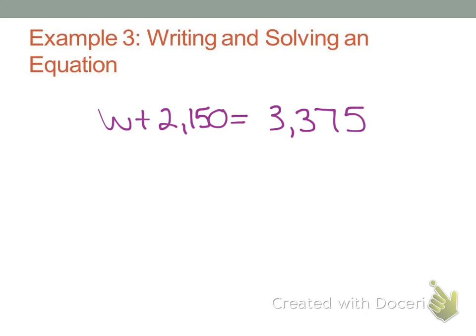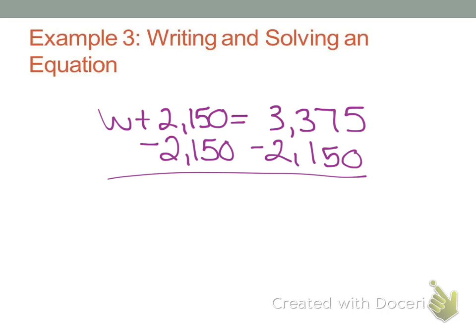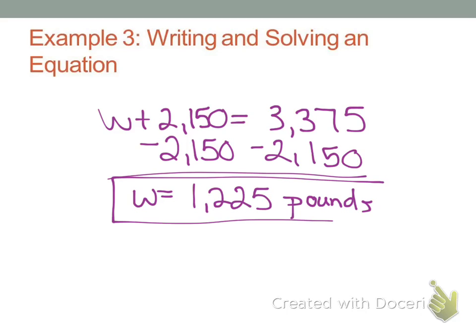So what do I need to do to solve for W? You just subtract. Just subtract what? 2,150 from both sides. And that should give you the weight of the horse. The weight of the horse is 1,225. And make sure you label pounds. All right, so you have a couple word problems tonight on your homework, and that's how you would solve it.